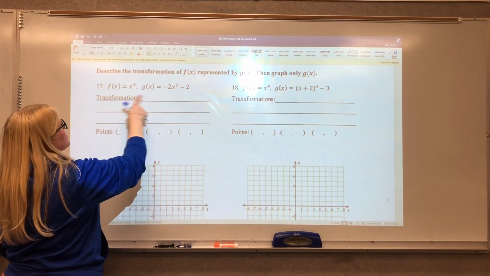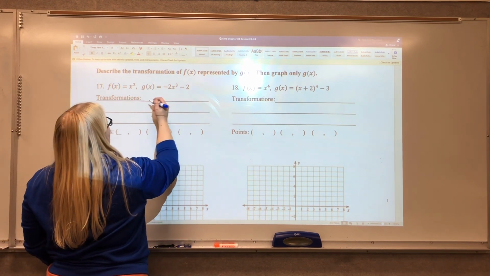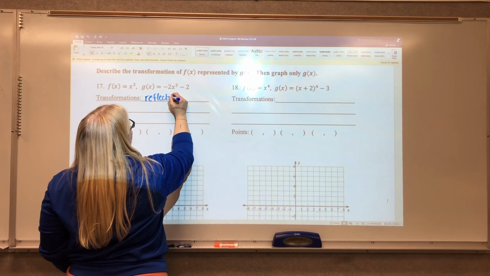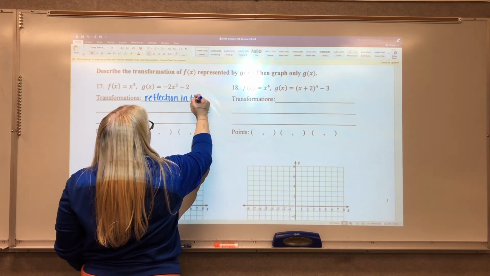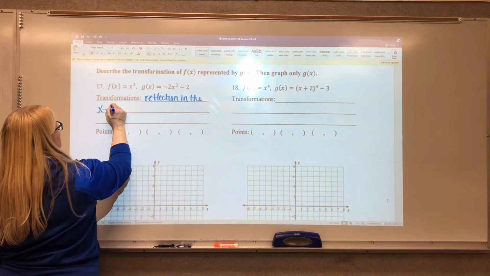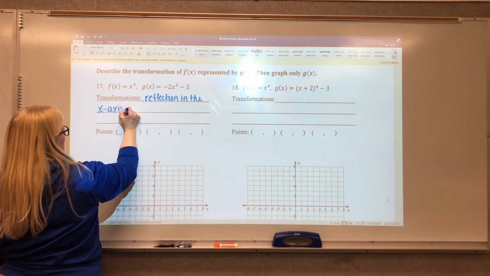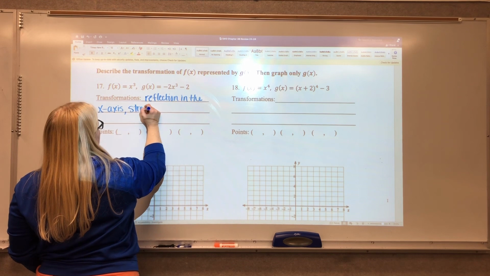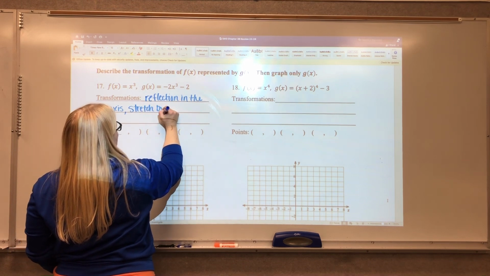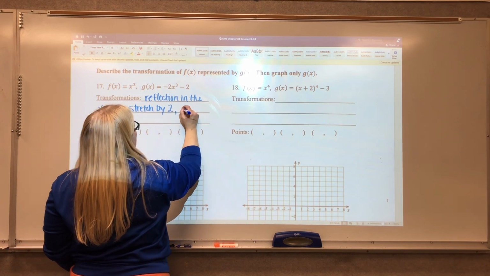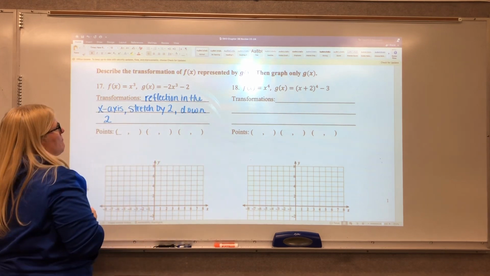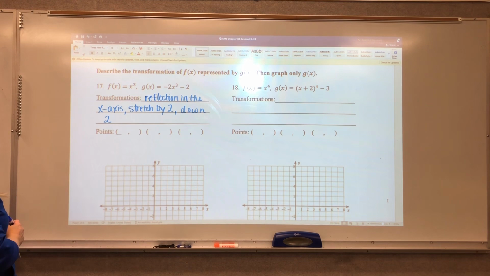So what I would say is that you've got a reflection in the x-axis. You've got a stretch by 2, okay, that's that, and it's down 2.